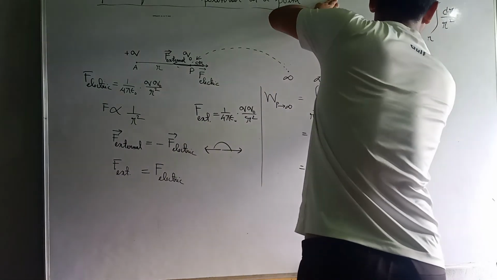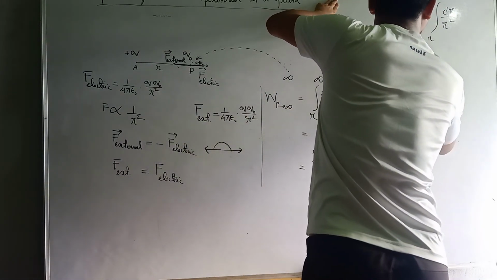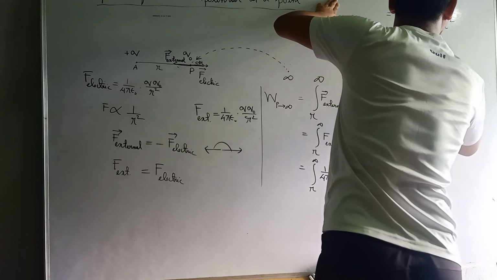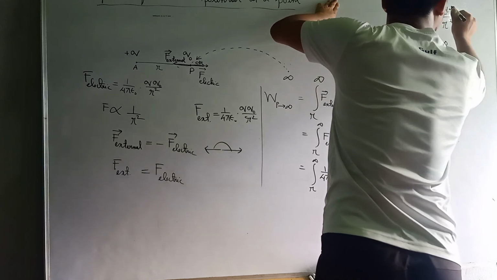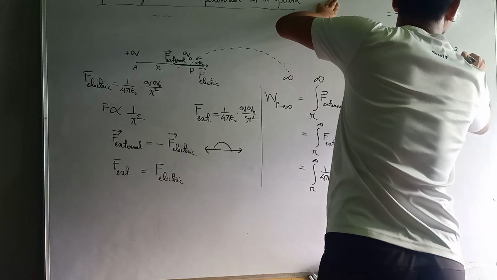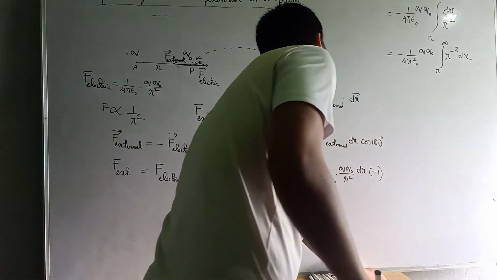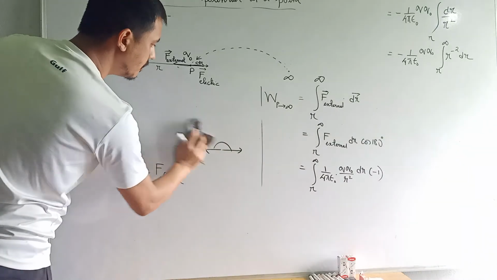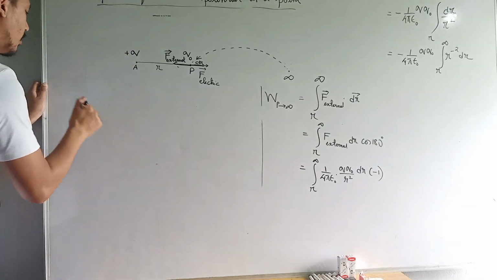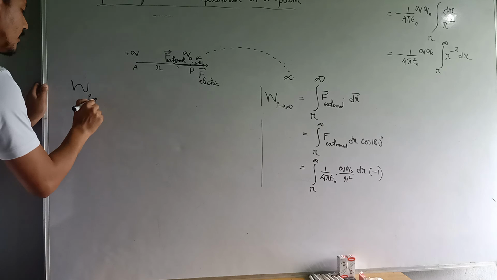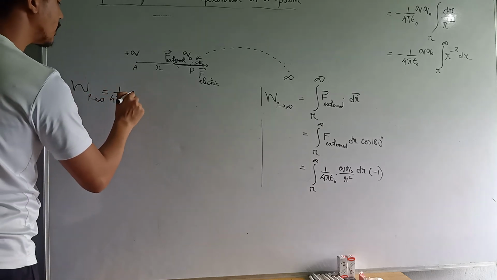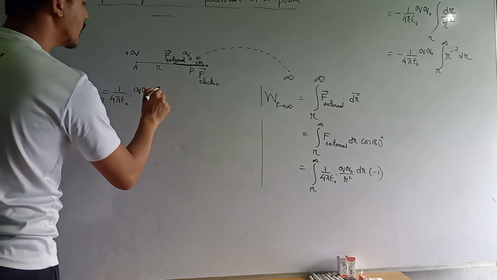Now this can be rewritten as minus 1 by 4 pi epsilon naught into q naught, integration r to infinity, dr upon r squared can be written as r to the power minus 2 dr. Now, your work done in taking the body from P to infinity will be equal to 1 by 4 pi epsilon naught into q naught.